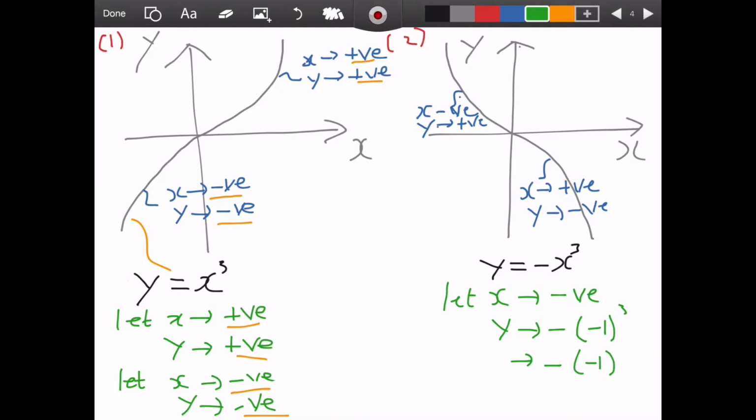Minus 1 multiplied by minus 1 is positive 1, multiplied by minus 1 again is negative 1. So with the minus sign in front, minus and minus will become a positive. So it's just positive 1, right? Therefore, when x is negative, y is positive. Do you see that?